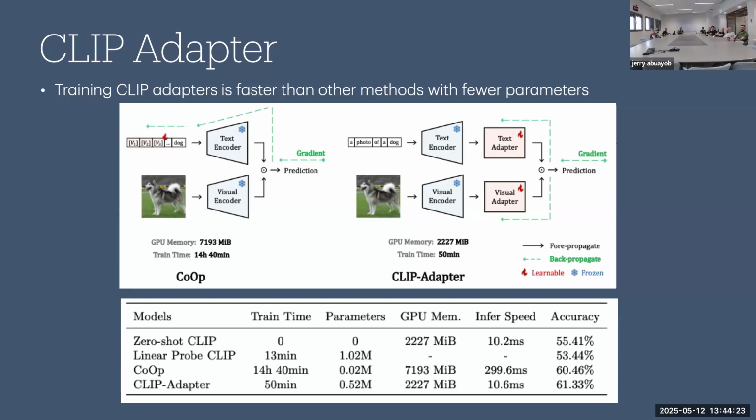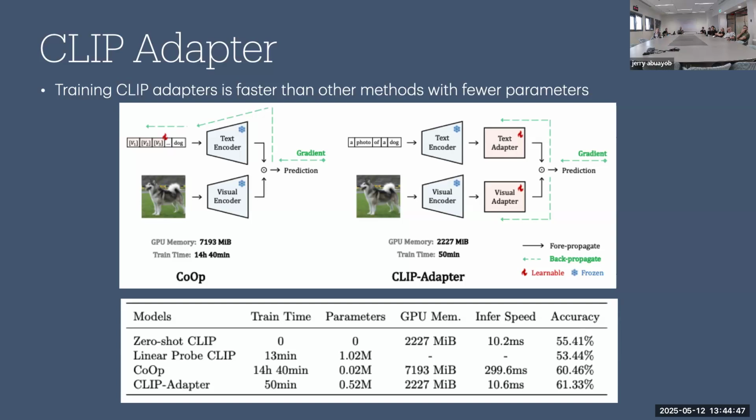CoOp needed 14 hours. We only tweak the prompt here, so it's very much fewer parameters, but it needed a lot more storage because we need to save the whole parameter set while we backprop, and the inference speed is a bit slower because we have a larger token.